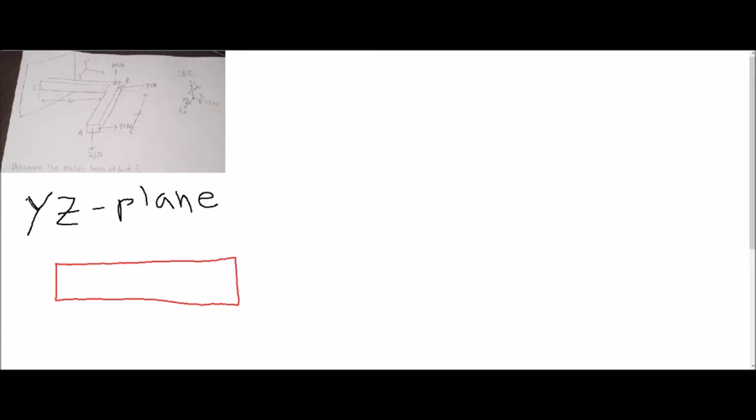So from the YZ plane, this over here is going to be your point A. This side over here is going to be B.